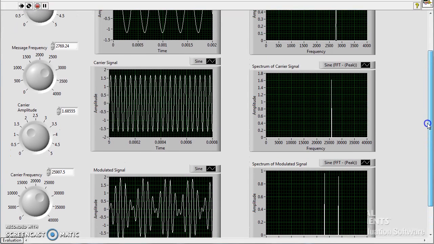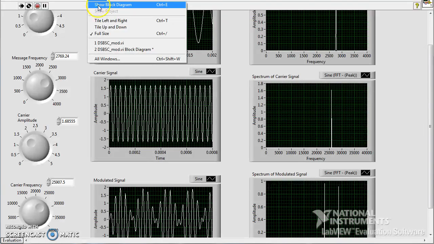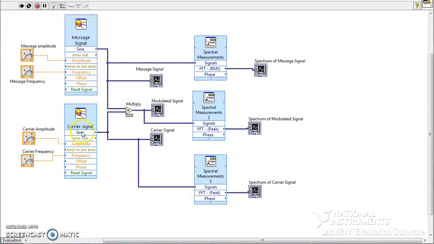In the next video, we shall consider the addition of two sinusoidal signals along with the multiplication, where we could generate a standard AM signal. So in this, two signals, one message and one carrier, are multiplied and we get a modulated signal.